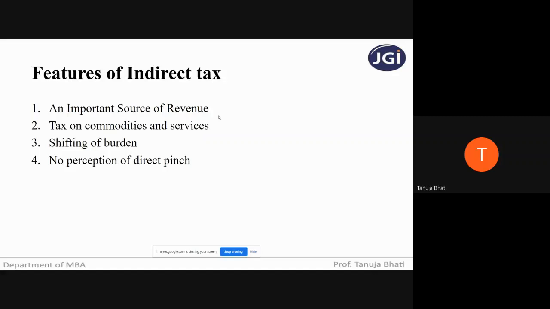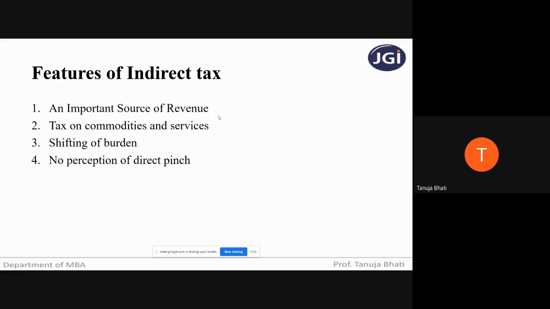But in that 30, it will always be written inclusive of GST or inclusive of all the taxes. So you don't get the direct pinch of paying the tax, since you are directly paying 30 rupees and coming back, and you don't know the bifurcation of what is the tax amount and what is the basic amount. So it doesn't hit you much because you are not aware of the tax amount that you are paying.